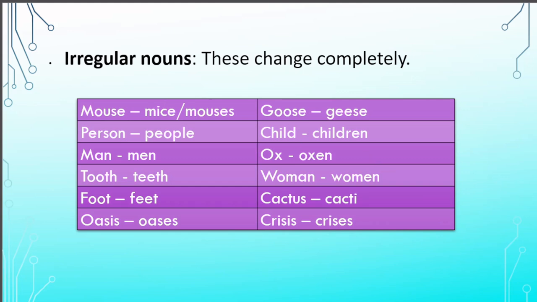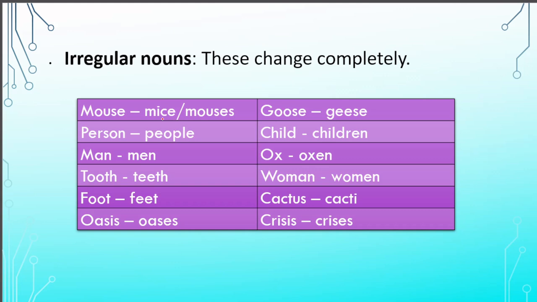Now the next rule is rule number 7. Some words are called irregular nouns, meaning they change completely when making it plural. कुछ कुछ word ऐसे होते हैं जो पूरा change हो जाते हैं plural में. Examples mouse, mice. Sometimes it becomes mouses too.